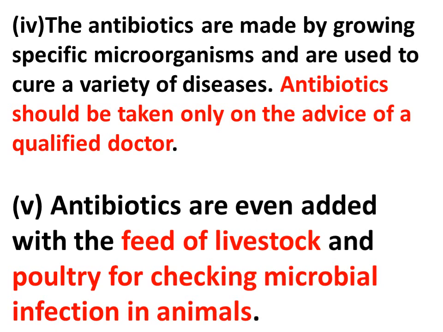So these all also get microbial infection, and we can add the antibiotics in their eating things, so that these animals can survive with all these microbial infections, and they can get cured also.